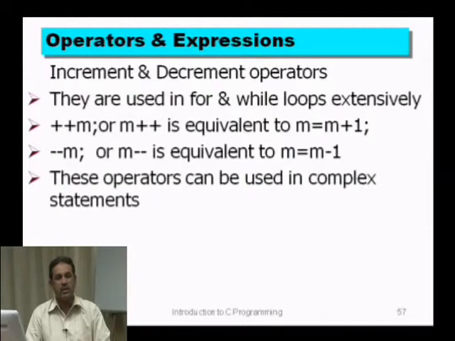Suppose you want to find the sum of 10 numbers, number 1 plus number 2 plus number 3 and so on. In such cases we can use a variable i or j and increment it and keep on checking. It is used extensively in for loops as well as while loops.